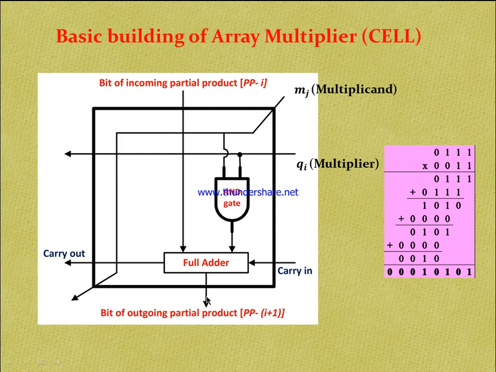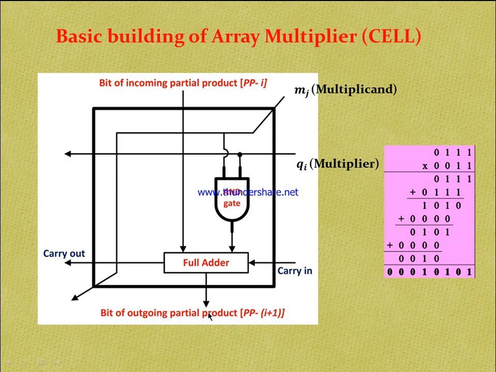And the last output of the cell is the multiplicand. This multiplicand should be propagated to the next level. This will be clearer when we go through the complete block diagram. For the time being, remember that there are 4 inputs and 4 outputs in a cell.